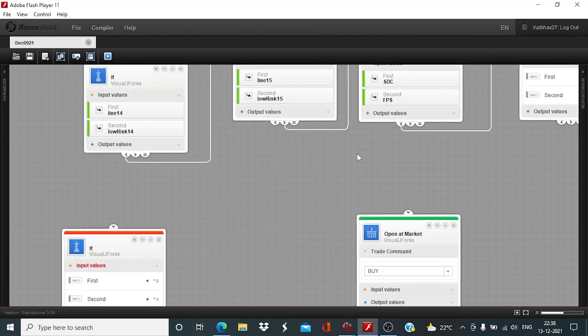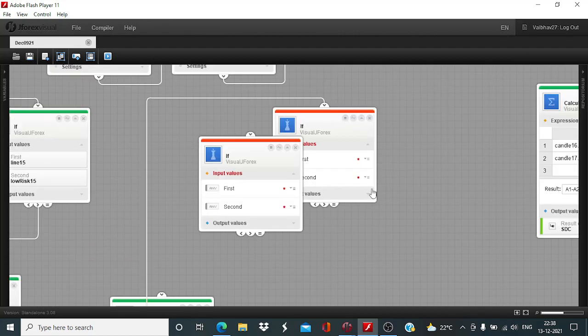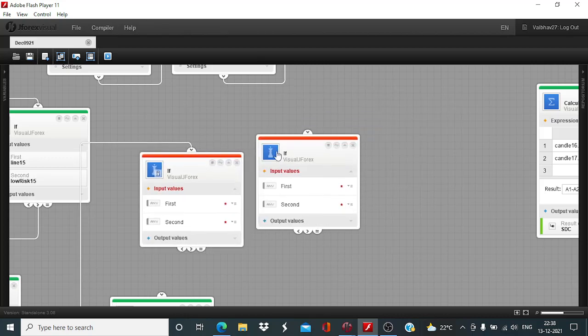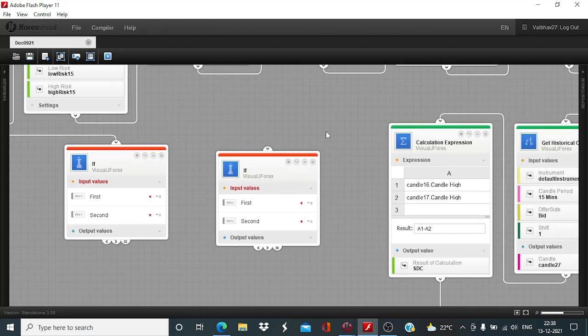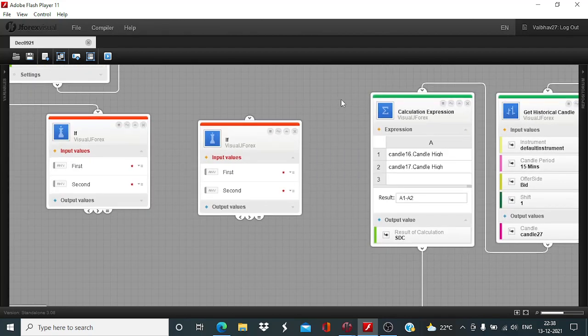All right, then we compare the price action data of the two 10-second candles with the get historical candle of 15 minutes, and as soon as price starts to dip below the last 15-minute candle, we will look to initiate the trade.